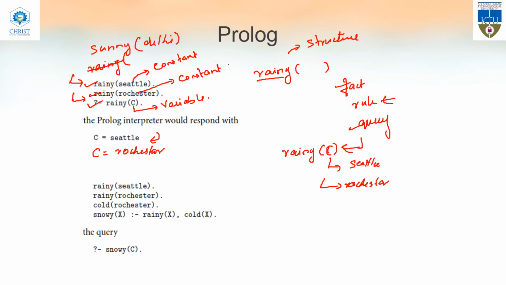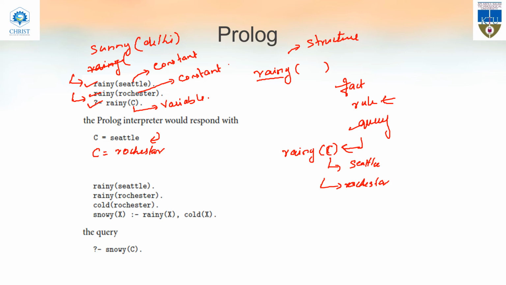If I am asking rainy of C, how many values can C have? But if I take C as Delhi, rainy of Delhi is not defined anywhere. It is not told that rainy of Delhi is true. So C won't be taking that value. Again, the result will be C equal to Seattle, C equal to Rockstar.